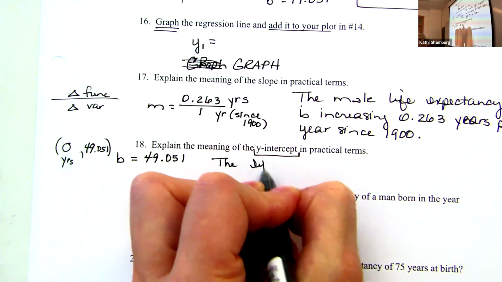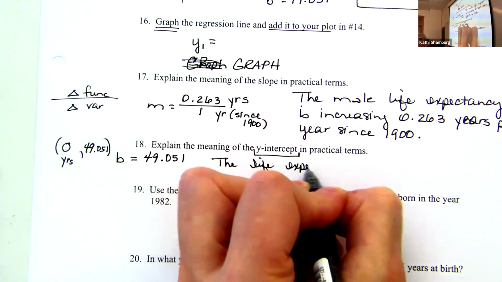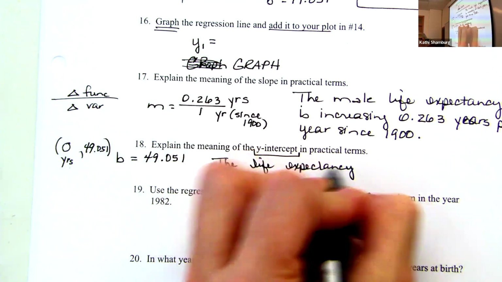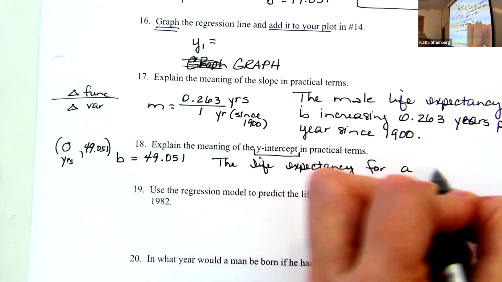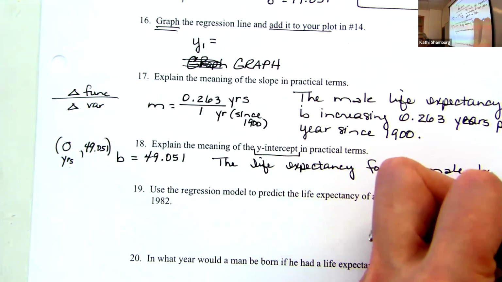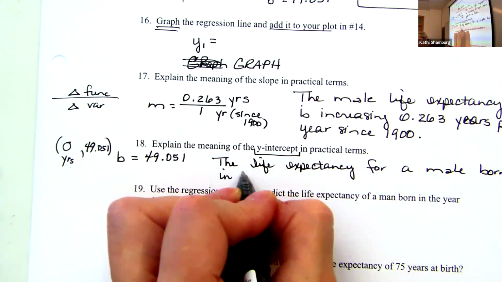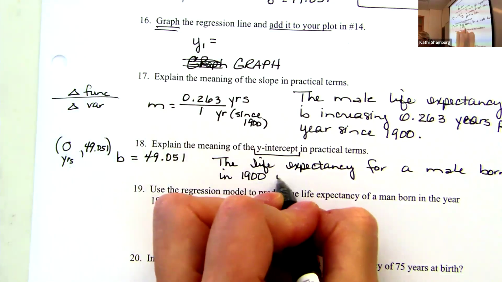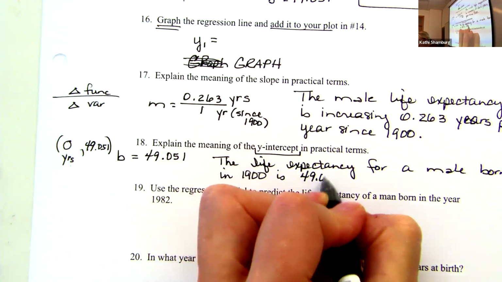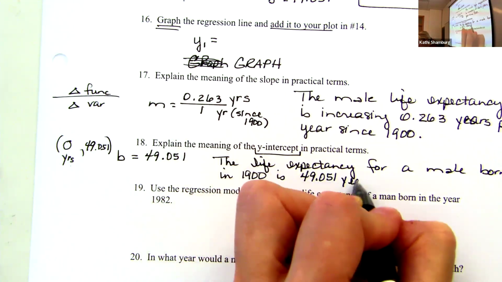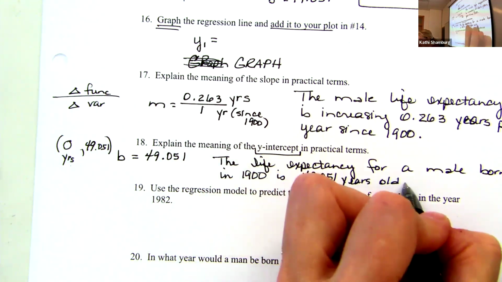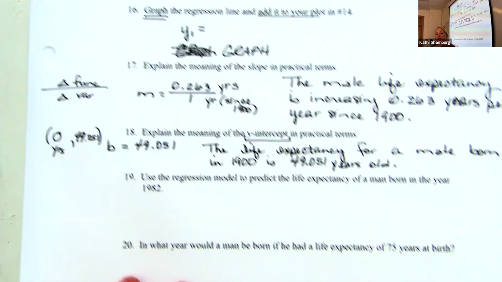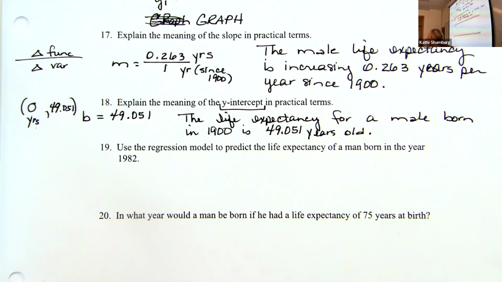So the life expectancy for a male born in 1900, and that's because of 0 years since 1900, is 49.051 years old. That's young. Life was probably a little bit harder, living conditions back then, or maybe getting a duel with someone.